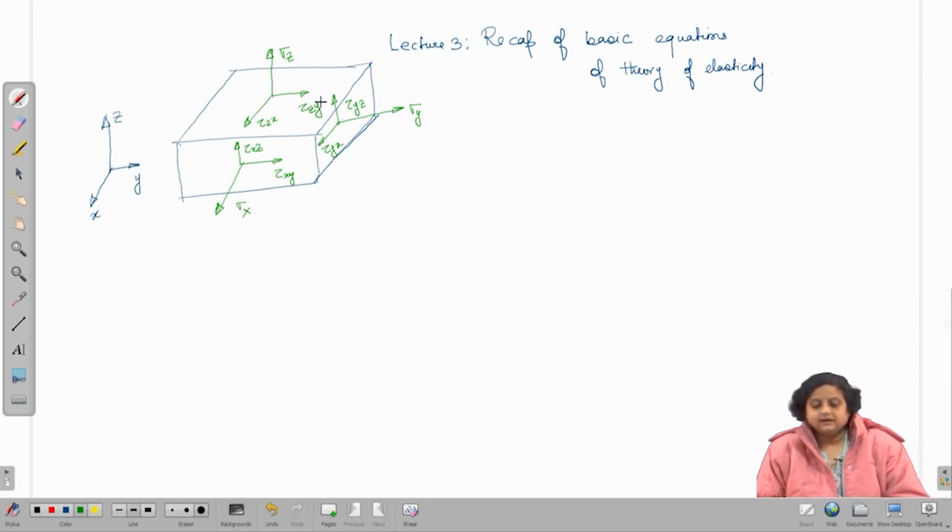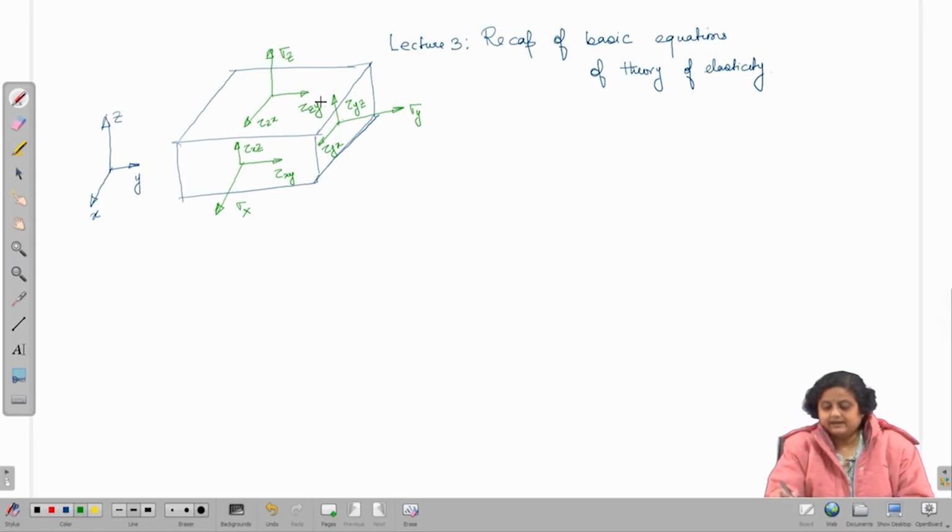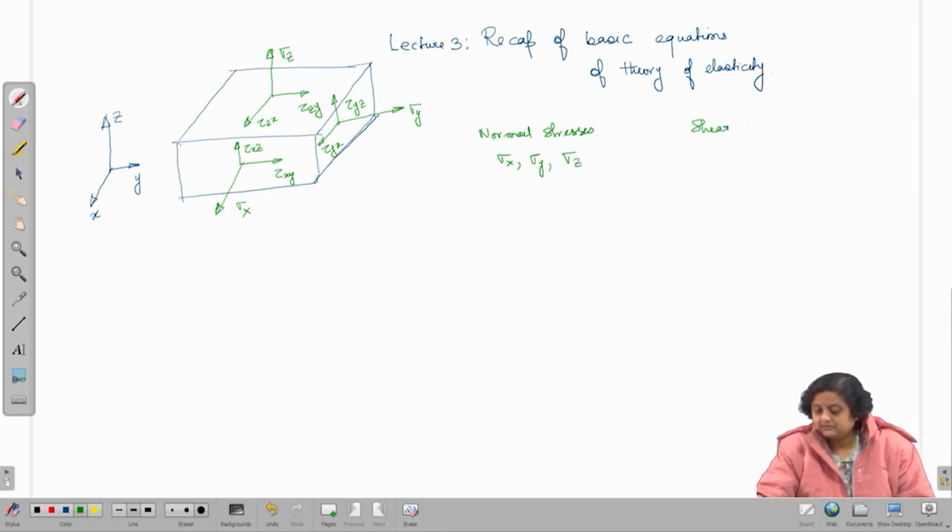So, these are the 6 stress components that we have for a generic 3D elastic body. So, the normal stresses are sigma x, sigma y and sigma z, and the shear stresses are tau x y, tau y z and tau x z.